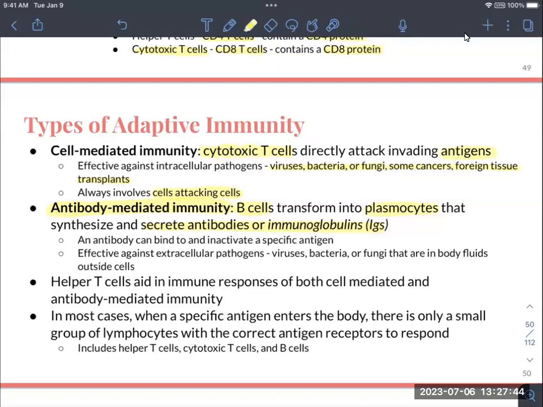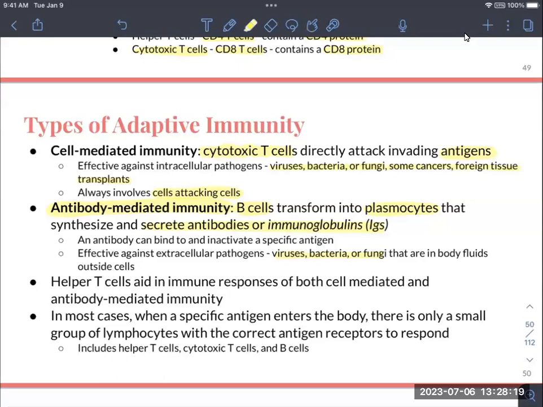So viruses, bacteria, fungi that are found outside of the cell, we can do antibody-mediated immunity. These antibodies or immunoglobulins that are being secreted by these plasmacytes can bind to these antigens and inactivate those cells. And if they're inactivated, they're essentially useless. They can't come in and invade the body.